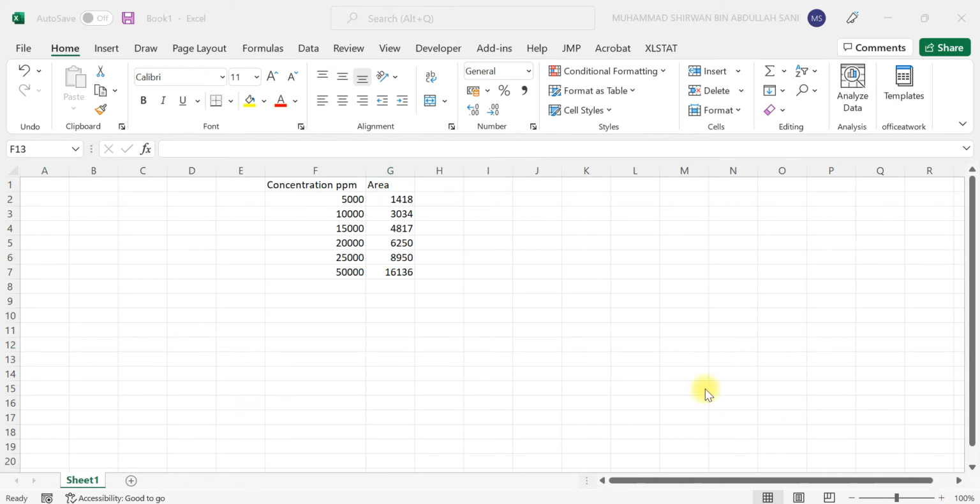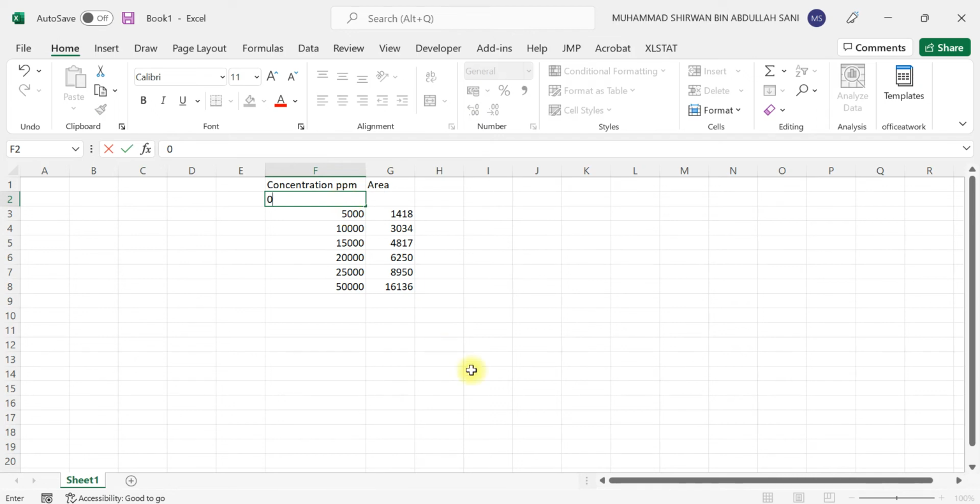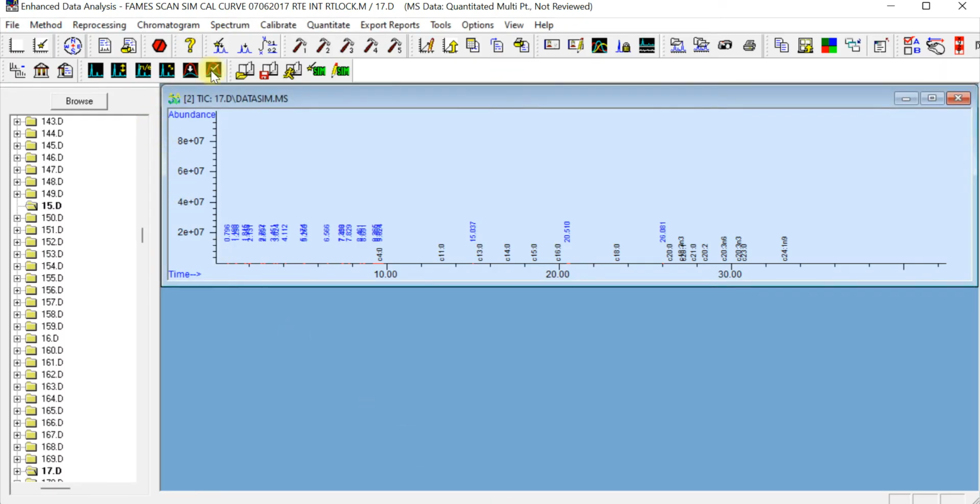Okay, so I have continued until 50,000 ppm, and then I have recorded the area. Then take note: for those who proceed with method validation and verification, you have to have at least seven concentrations, including the blank, for the calibration curve. So in this case, I want to add a blank, a concentration of 0. You have to open the blank data.